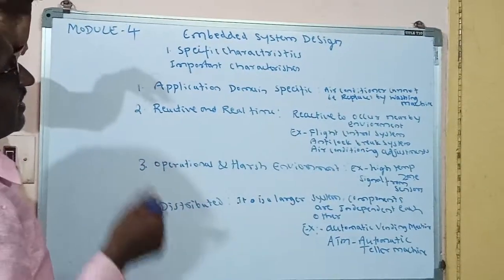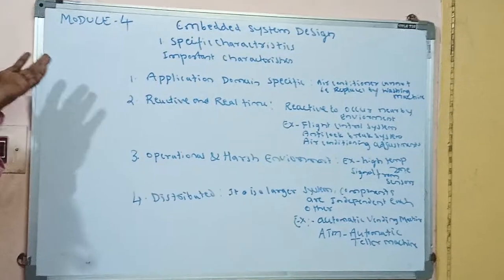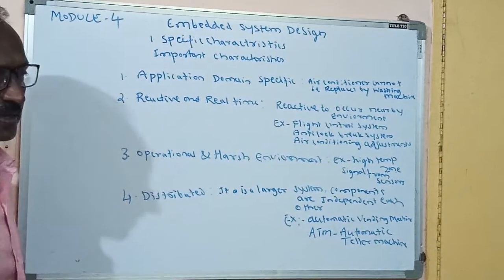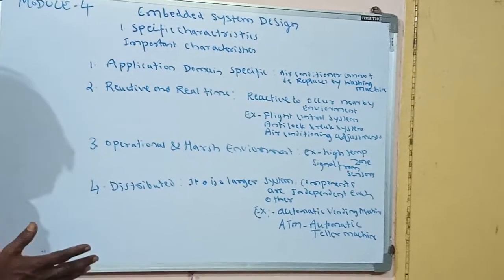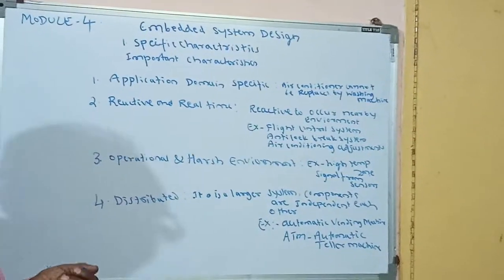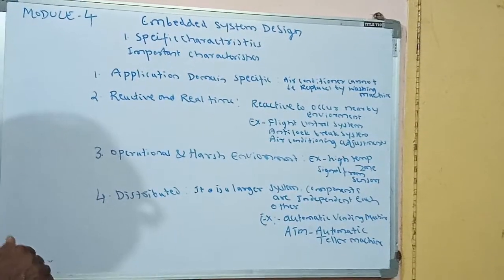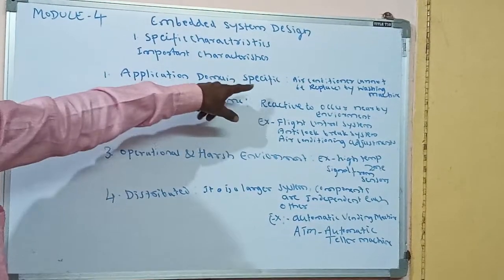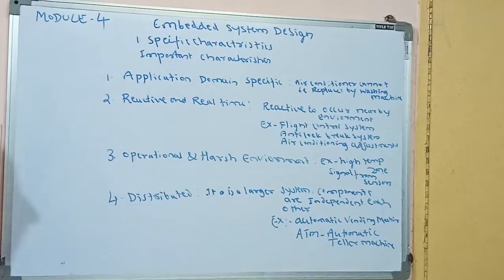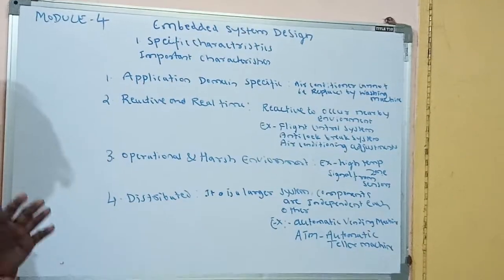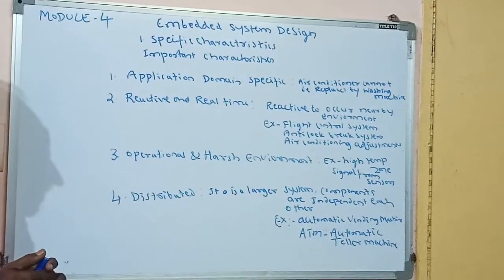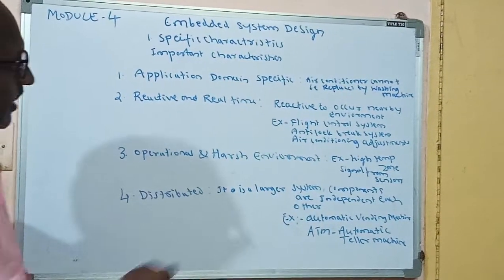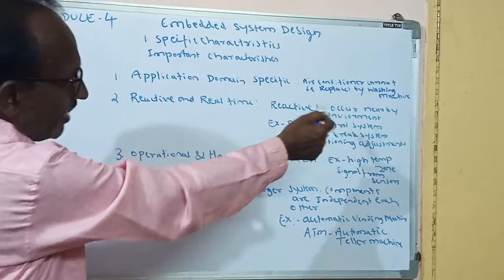We can design certain hardware as well as software for it, but we cannot use the same software for a washing machine, because the design and development structure of a washing machine is different from the air conditioner. So you cannot replace one with another. Hence the name application domain specific. Once you design for a particular application, you cannot alter it. You can utilize only one function, and you cannot replace it with other functions. For example, an air conditioner cannot be replaced by a washing machine.